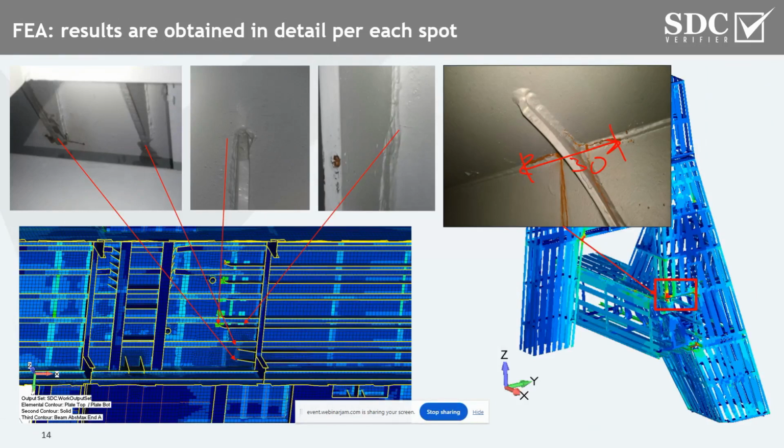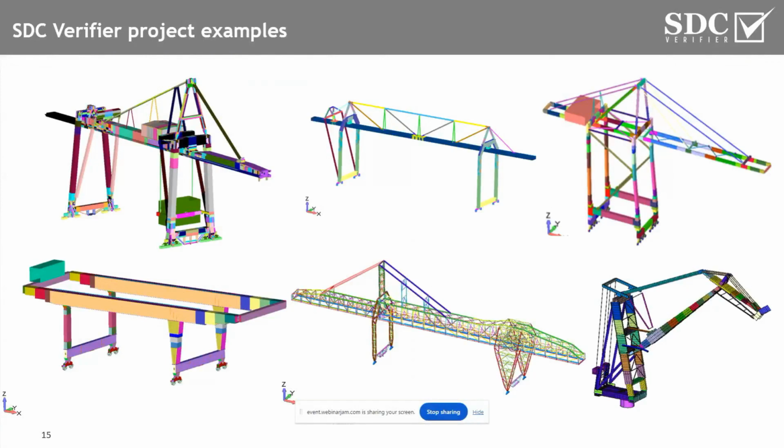So we have multiple different examples concerning different types of structures, types of port equipment. Some of it is shown on this slide.